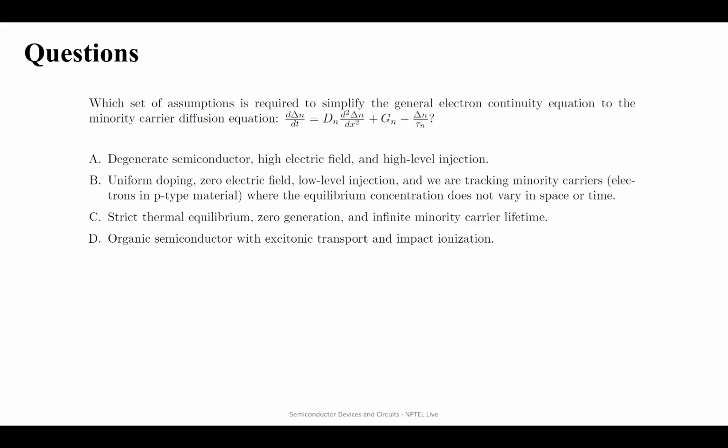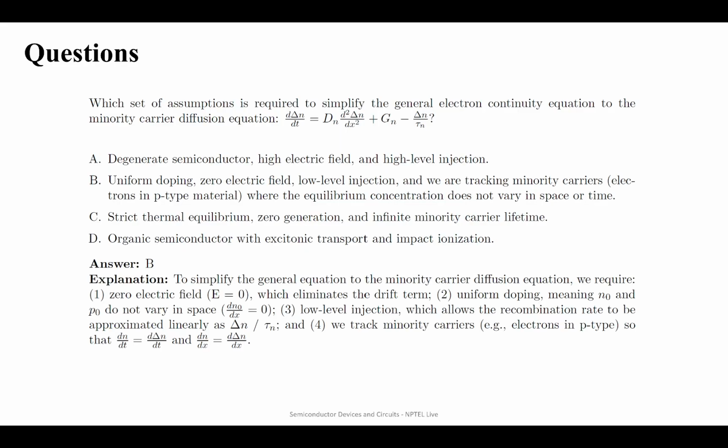B: Uniform doping, zero electric field, low level injection, and we are tracking minority carriers where the equilibrium concentration does not vary in time or space. C: Strict thermal equilibrium, zero generation and infinite minority carrier lifetime. D: Organic semiconductor with excitonic transport and impact ionization. So the answer to this is B.